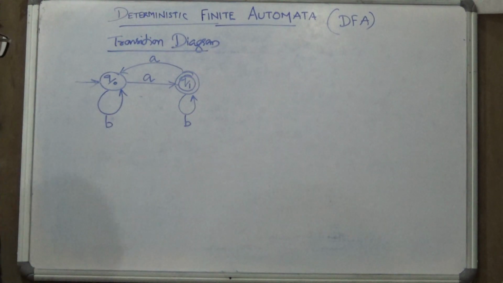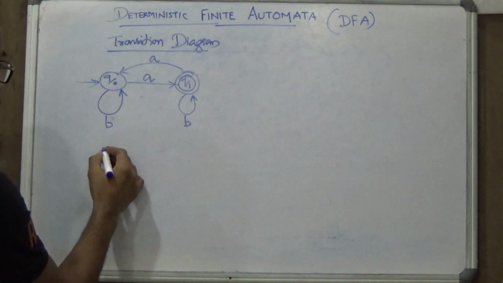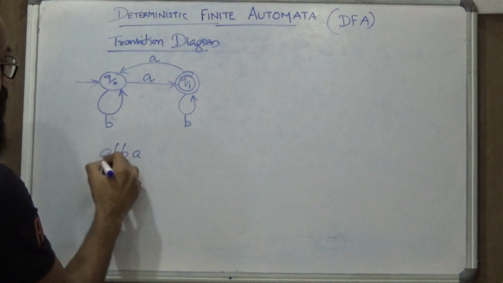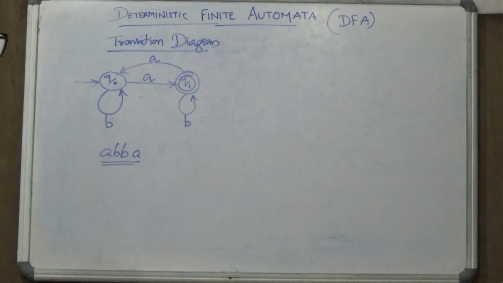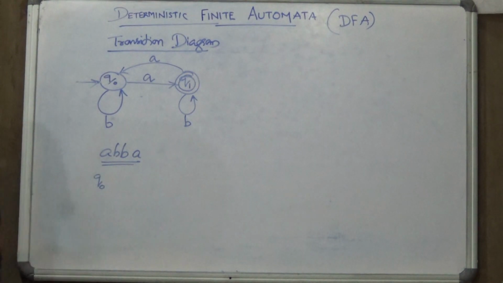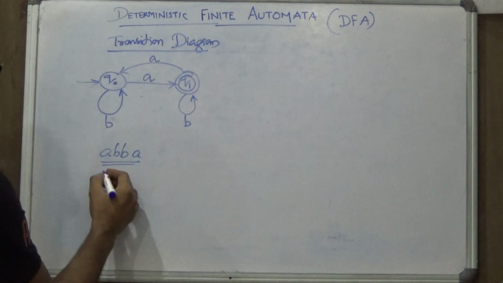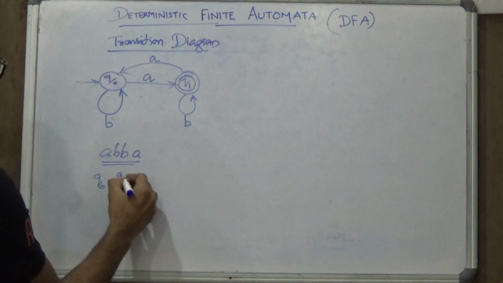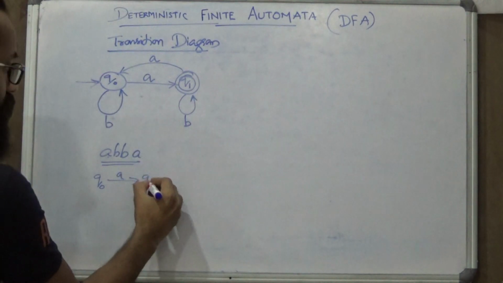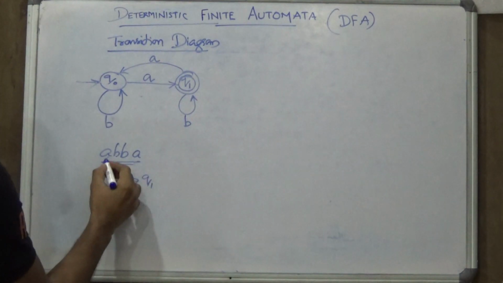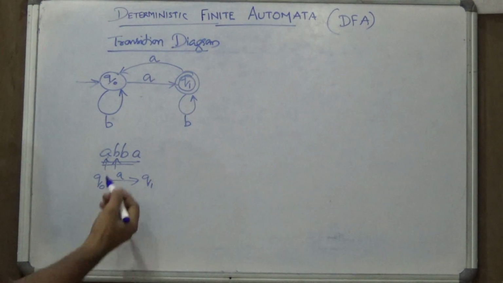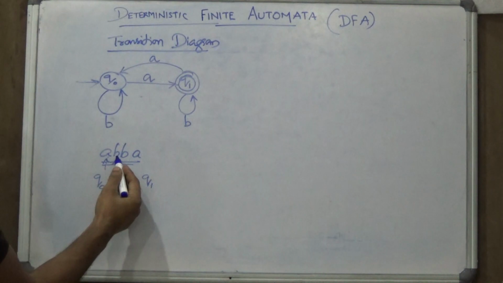Now, what happens if I feed input A, B, B, A to this machine? If we trace the transition path from Q0, it will read A. From Q0 for A, it will go to state Q1. Now the read-only head points to the next symbol.